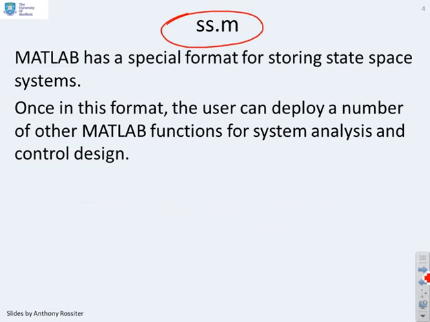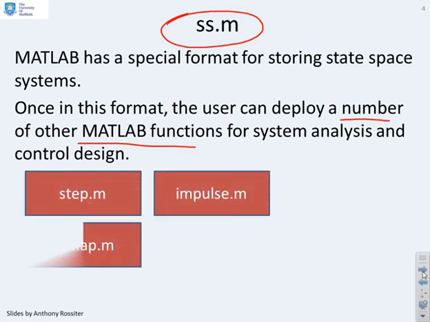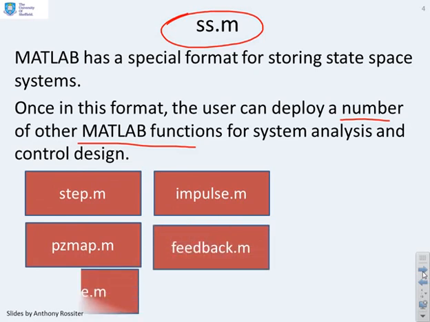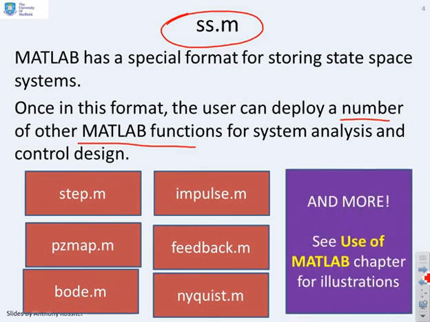Once you have put your state space parameters in through this model, then you can deploy a number of other MATLAB functions for analysis and design, and you'll be familiar with some of these, things like step.m, impulse.m, pzmap.m, feedback.m, bode.m, nyquist.m, and so on.